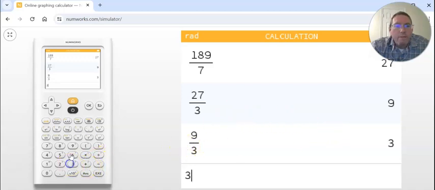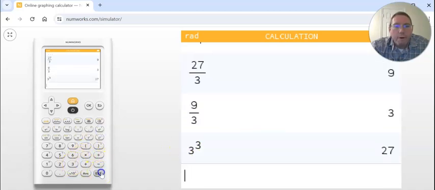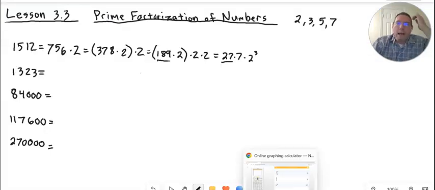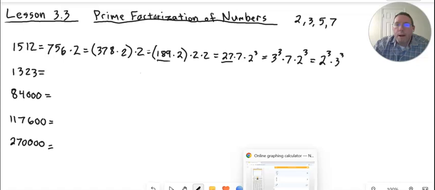And so 27 really is just 3 to the 3rd power, okay? And so let's go back here, and what we now have here is this 27 is 3 to the 3rd power, okay? And then we have times 7, and then we have times 2 to the 3rd power. So this winds up being, if we put it in order, 2 to the 3rd power times 3 to the 3rd power times 7, okay?